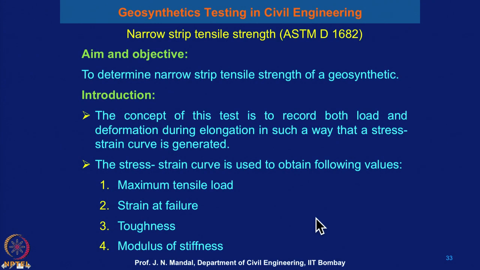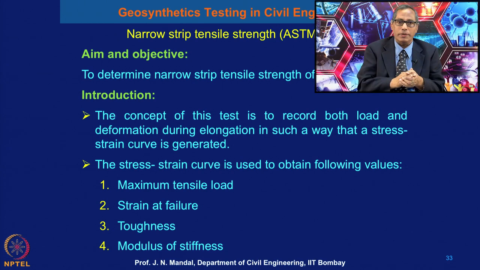Narrow strip tensile strength as per ASTM D1682. The main aim and objective of this test is to determine the narrow strip tensile strength of a geosynthetic material. In introduction, the concept of this test is to record both the load and the deformation during elongation in such a way that a stress strain curve is generated.